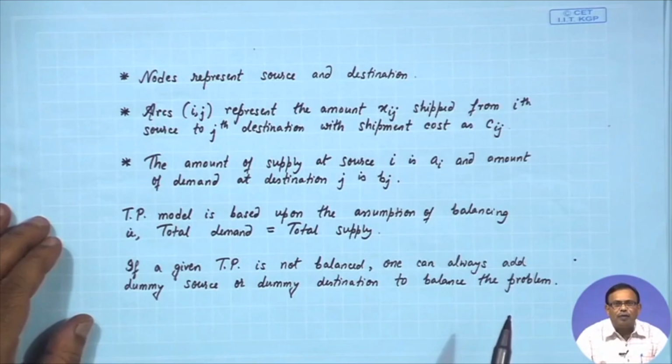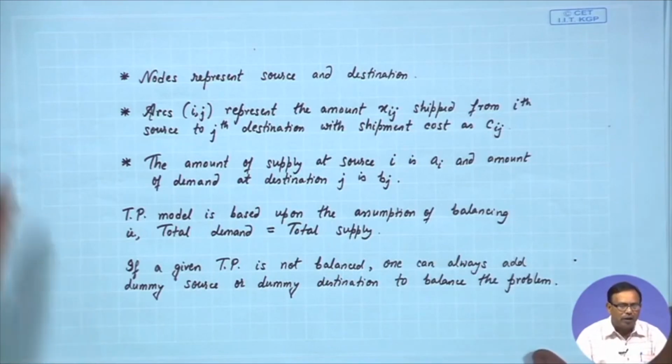So, if a given transportation problem is not balanced, one can always add a dummy source or dummy destination to balance the problem. Whenever we try to solve a transportation problem, first we check whether the problem is balanced or not.